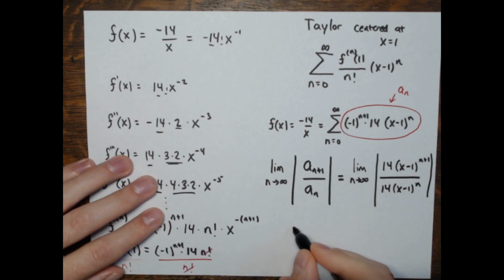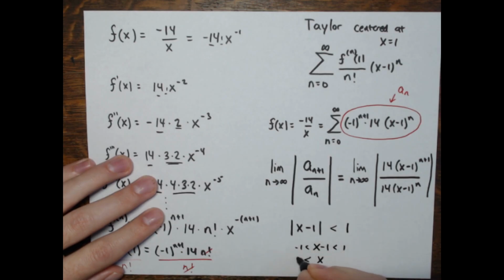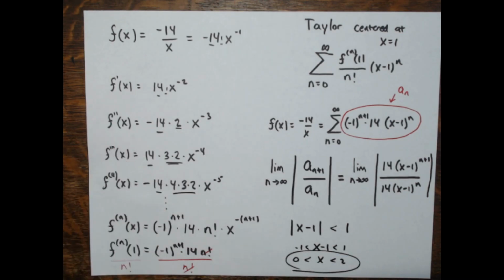And so I'm left with just the absolute value of x minus 1. That's it. And we're asking, when is this less than 1? Well, that'll be less than 1 when x minus 1 is between -1 and 1, or when x is between 0 and 2. Those are the values that this series will converge for, which, again, we saw on the previous page when I looked at it as a geometric series.